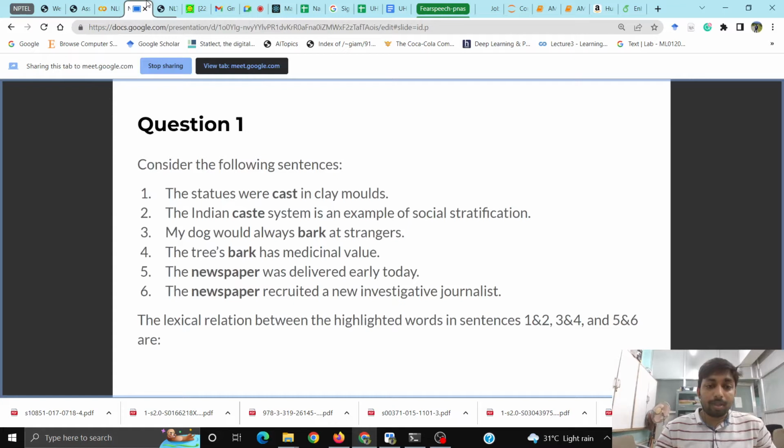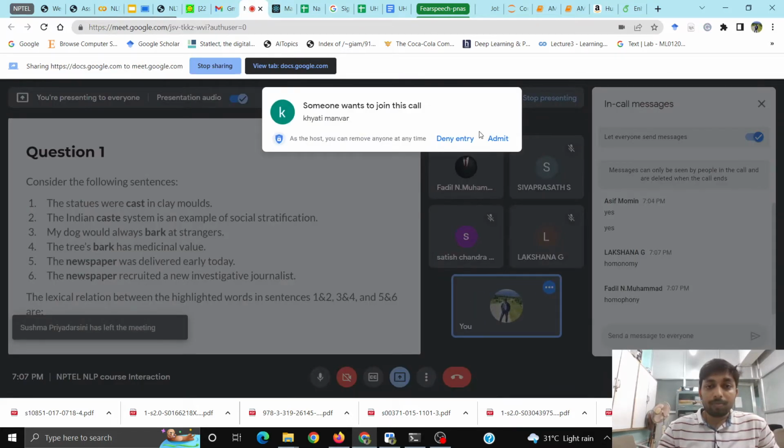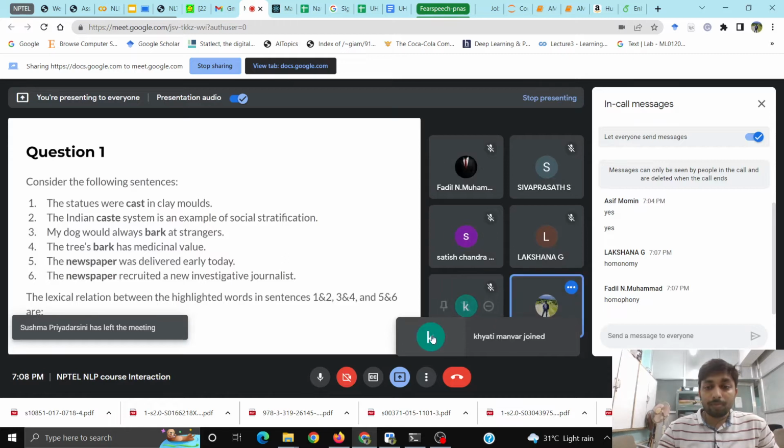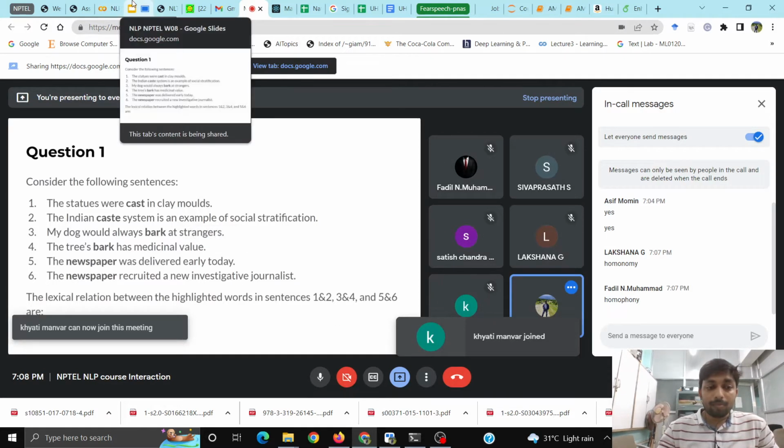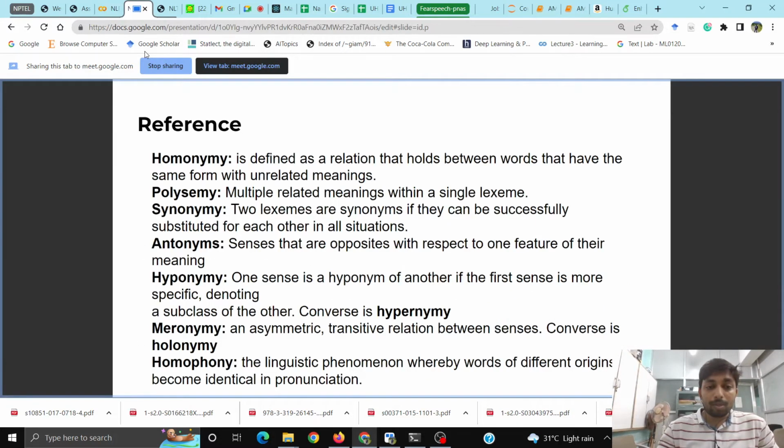Okay, let's go to the second one, so third and fourth. My dog would always bark at strangers, and tree bark has medicinal value. So what is the relation between these two? Let's go back to the definitions again.